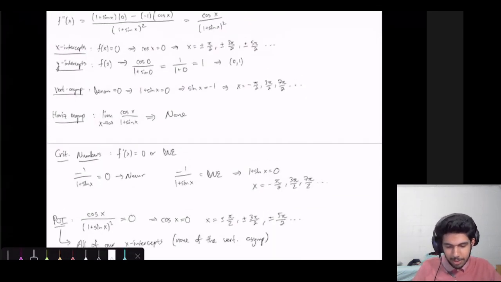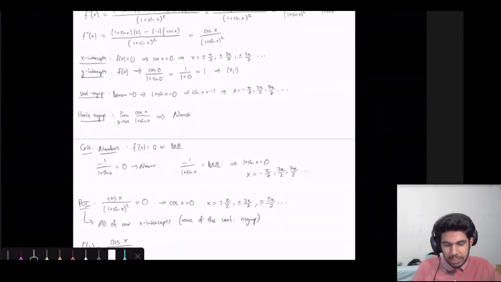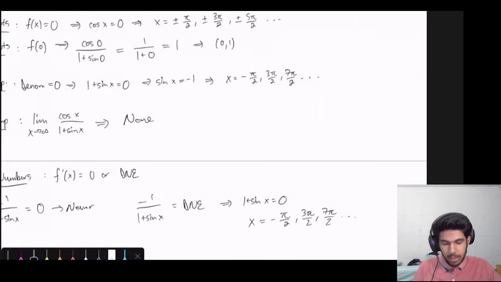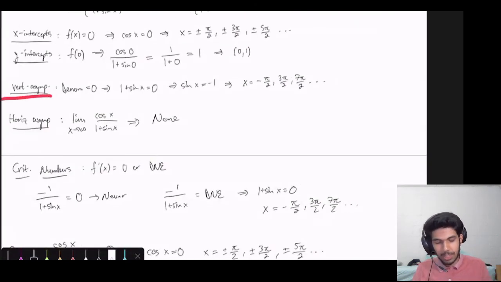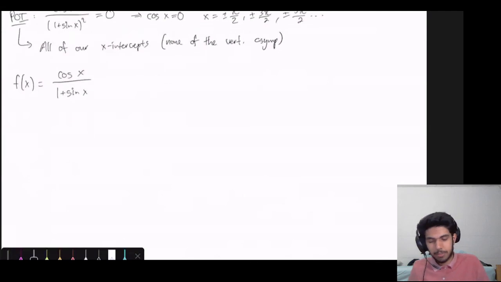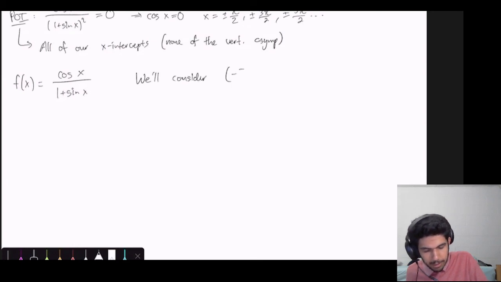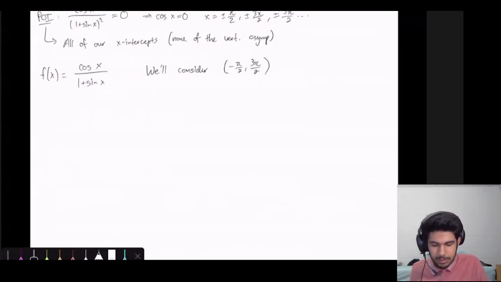And if we look at our calculations, we need to think what would be a logical thing to look at. And I pointed out here with the vertical asymptotes that you have to jump 2 pi to get to each new vertical asymptote. So let's just take a look at one of these intervals, negative pi over 2 to 3 pi over 2, and see what happens. We'll consider negative pi over 2 to 3 pi over 2, and then we'll see if things repeat.